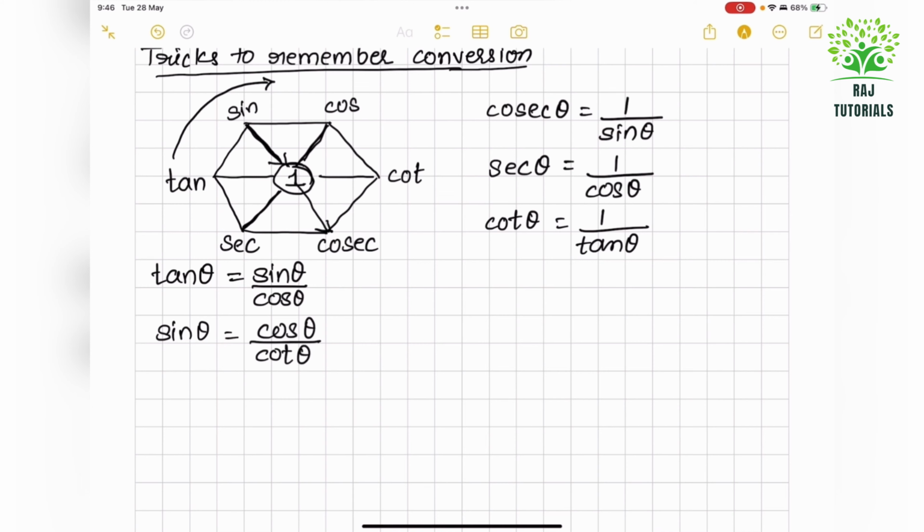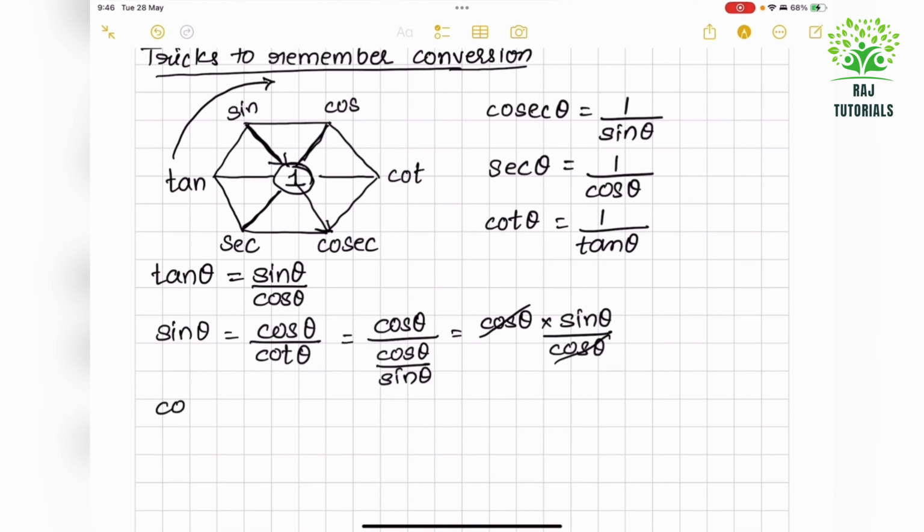Now how I can get this? See, cos theta upon cot means cos upon sin. So if I reverse the denominator, I will get sin theta upon cos theta. So cos theta cancel, so I will get sin theta.